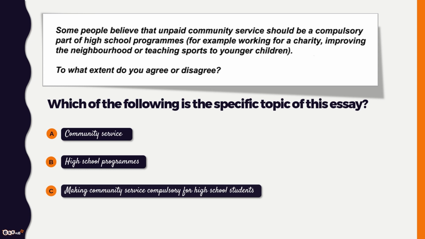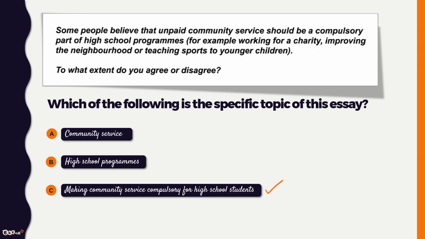Hopefully you might have tried and you'll have got the same answer as mine, and the correct answer is C, because it is not only talking about community service, it's talking about community service becoming compulsory part of high school or high school programs. So that's the specific topic, and that is why C is a correct answer.